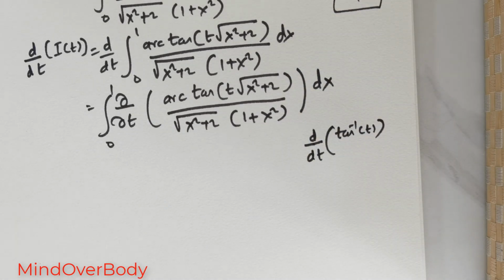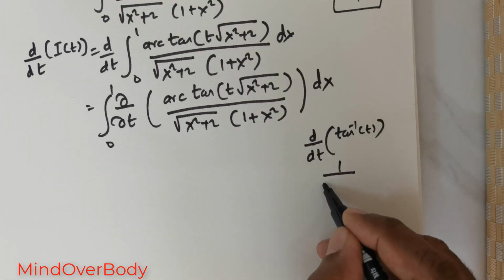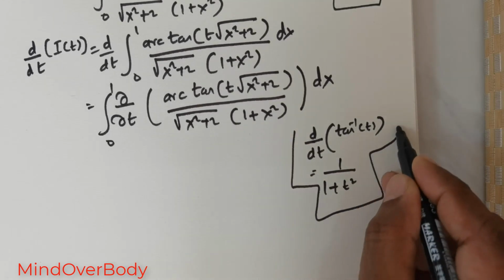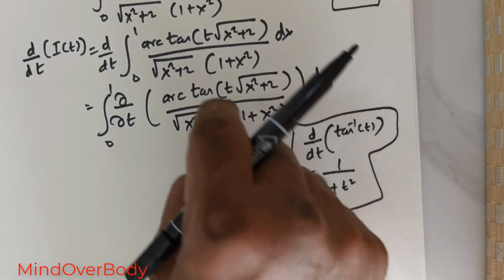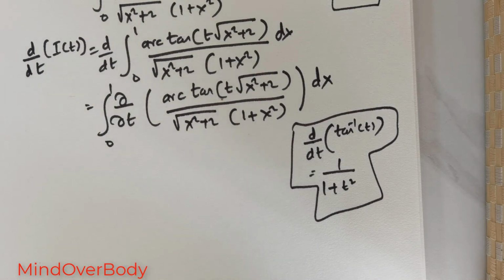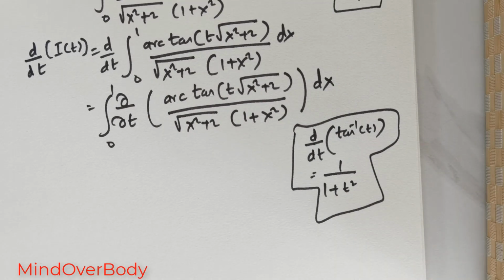The derivative of tan inverse of t is nothing but 1 over 1 plus t squared, right? This is the value, so I need to apply this concept over here. And luckily for us, we got only t there, so that is easily manageable.